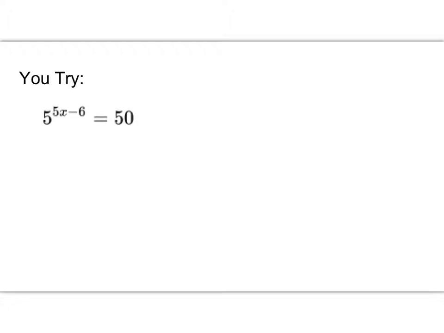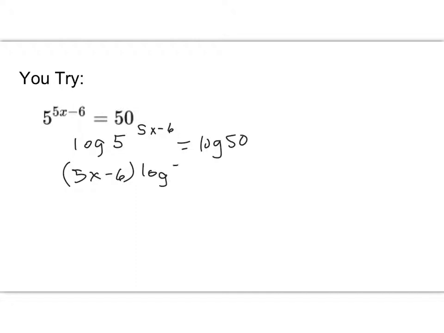All right, solving this, we're going to take the log of both sides. The log of 5 to the 5x minus 6 equals the log of 50. 5x minus 6 is my exponent, and it comes down and gets multiplied by the log of 5. And then I'm going to divide both sides by the log of 5 because it's a number.